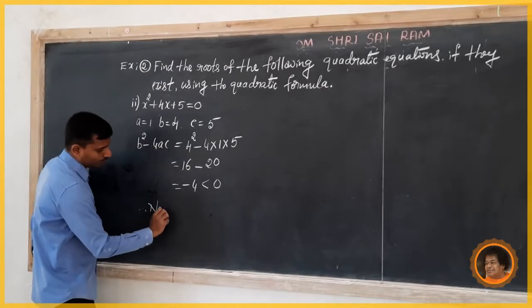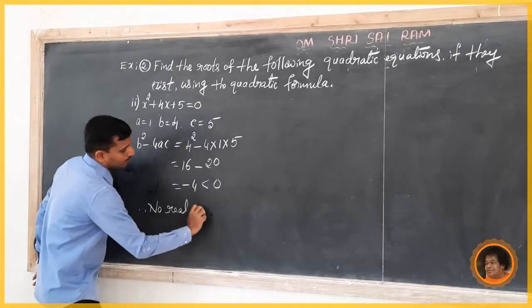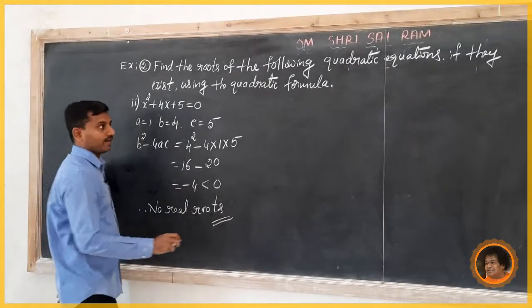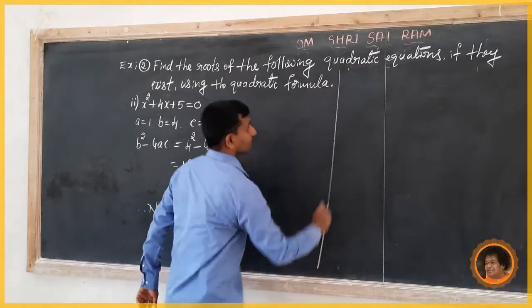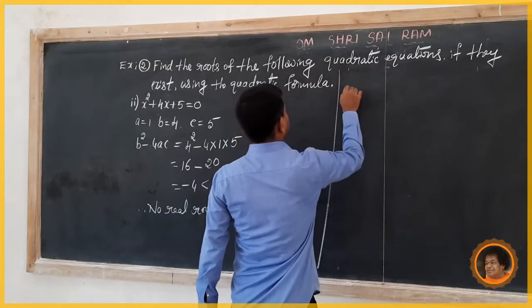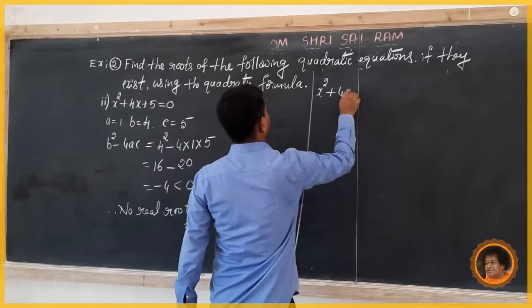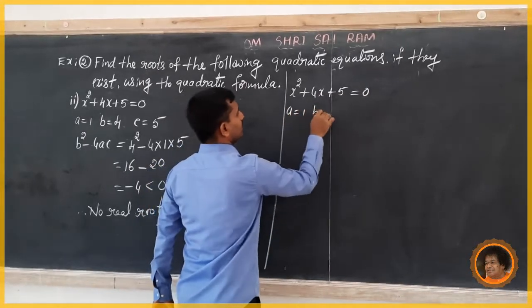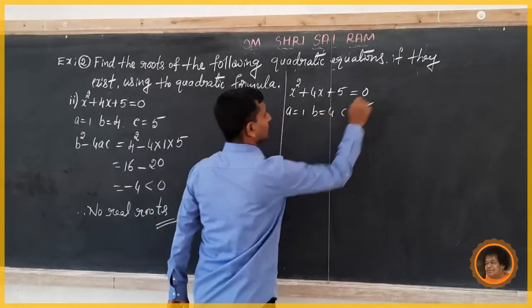Therefore, it has no real roots. Now verify whether the answer is correct or wrong. So given equation, x square plus 4x plus 5 equal to 0, so a equal to 1, b equal to 4 and c equal to 5.